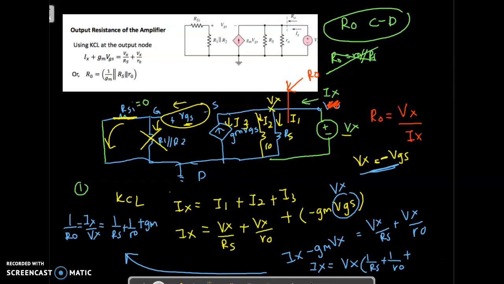So this one is actually 1 over Gm. Okay. And then this is the equation of the parallel circuit. So you know R out is actually RS parallel to R0 parallel to 1 over Gm. So this will be the real output resistance for the common drain.